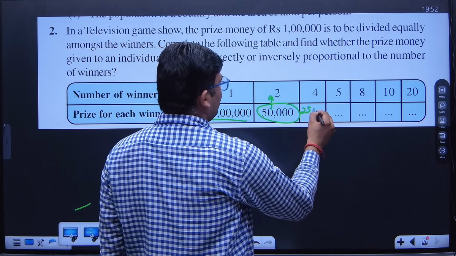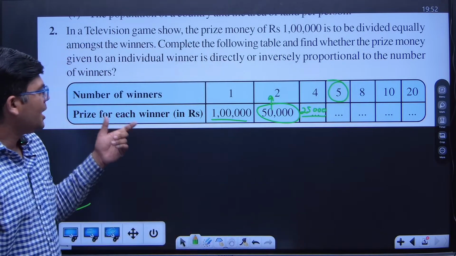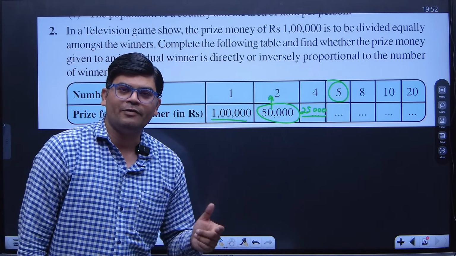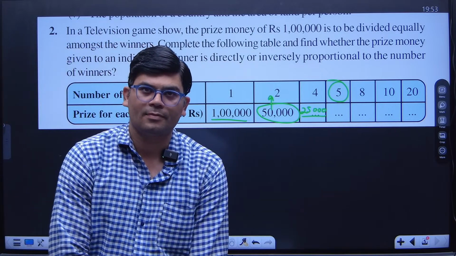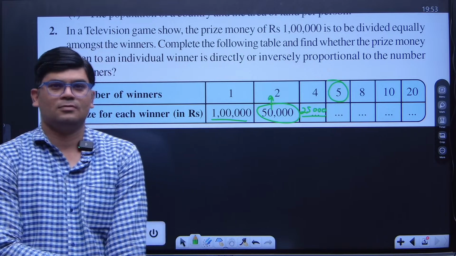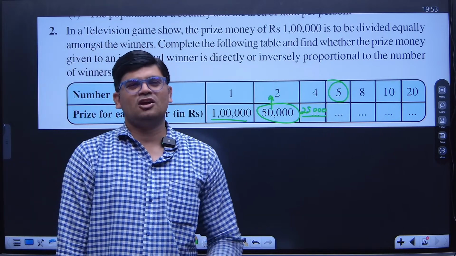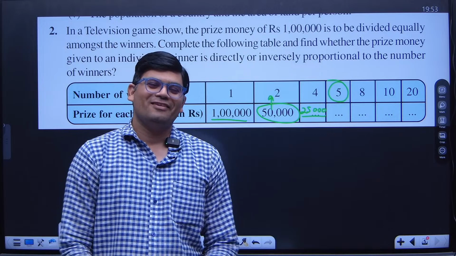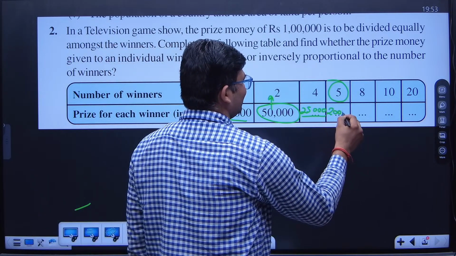Now if the same 1 lakh amount is going to be distributed among 5 winners, how much will each get? Sir, 23,000. 33,000? Come on, dear. 20,000.